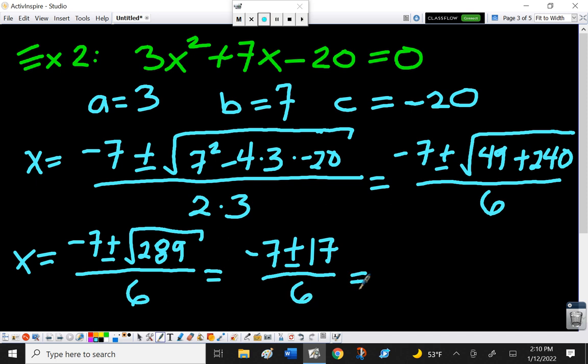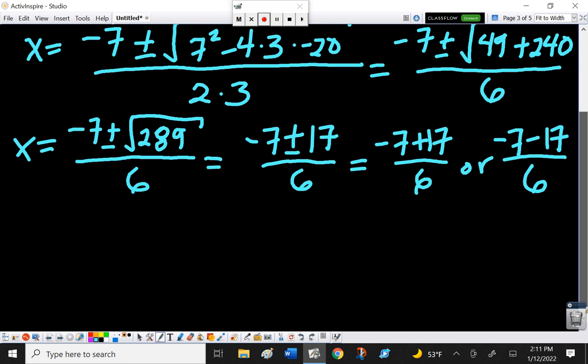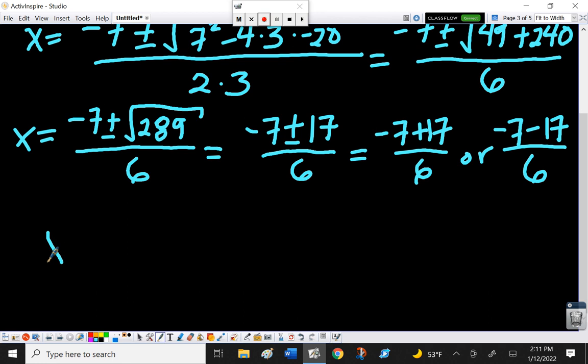This is going to result in two answers. -7 plus 17 over 6, or -7 minus 17 over 6. Okay? And we're just going to simplify these so we can get the answers that come out. X is going to be, in the first one, negative 7 plus 17 is 10 over 6.